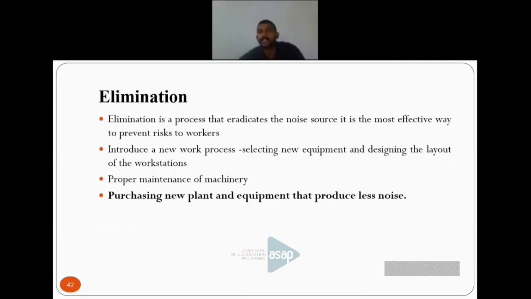The control measures for higher frequency: if it has higher sound pressure, surely it will have higher frequency also. So all these control measures which we have given, we can use to reduce it. We can reduce it by these methods only.